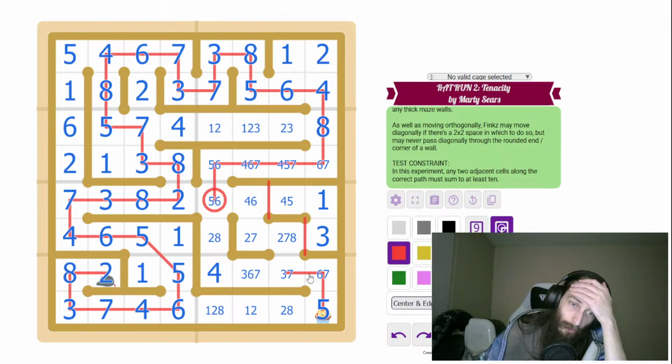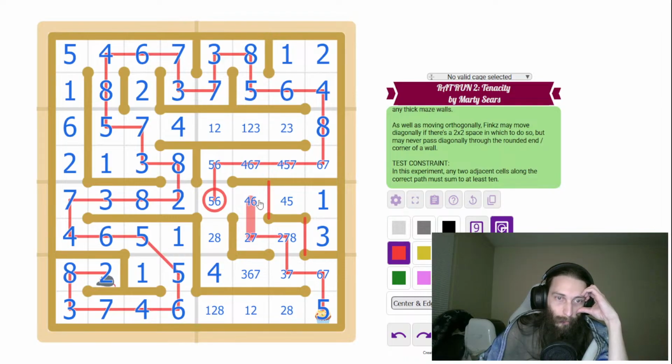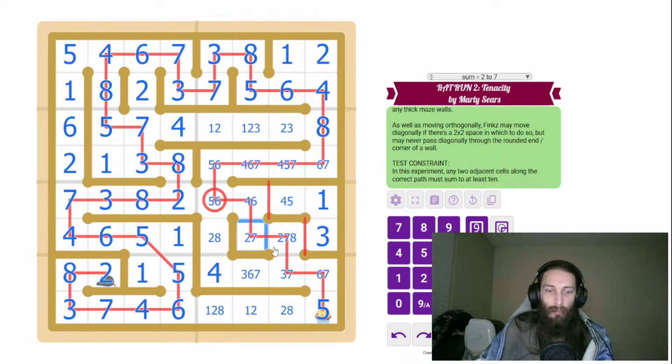Okay. If I went to the left here, because I have 3, 6, and 7, 3 doesn't work anywhere, because it would have to go to the 4. So 3 can't go next to 4, and 3 can't go next to 6. So the 3 would be removed as an option. So it has to go up, which makes this a 7 and an 8. 2, a 1, an 8, a 2.